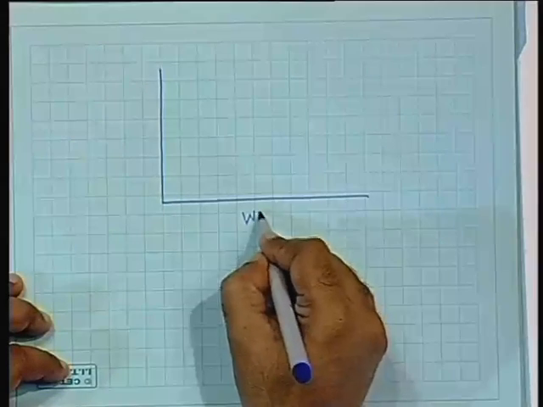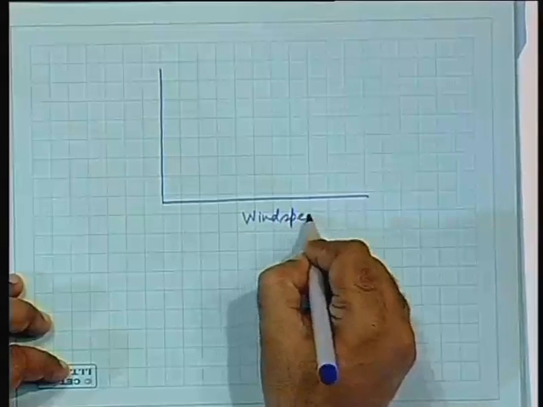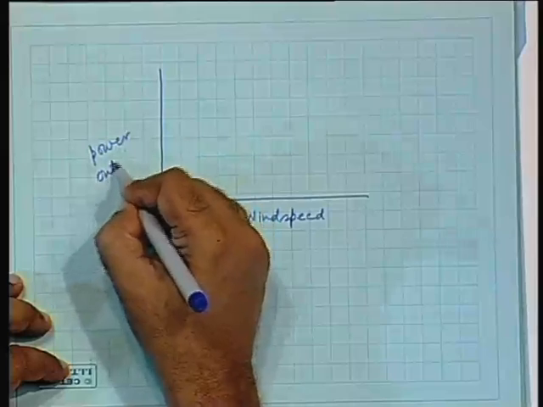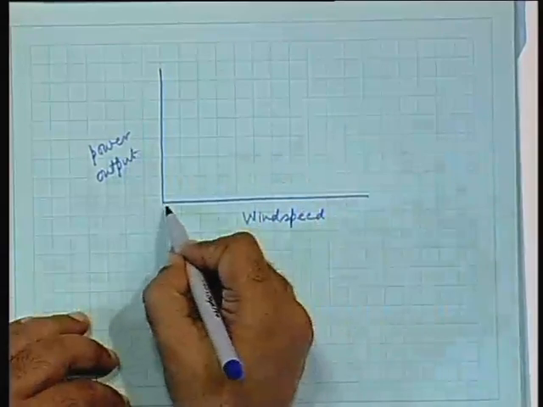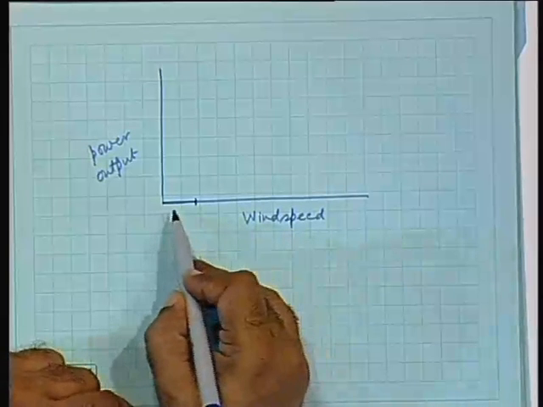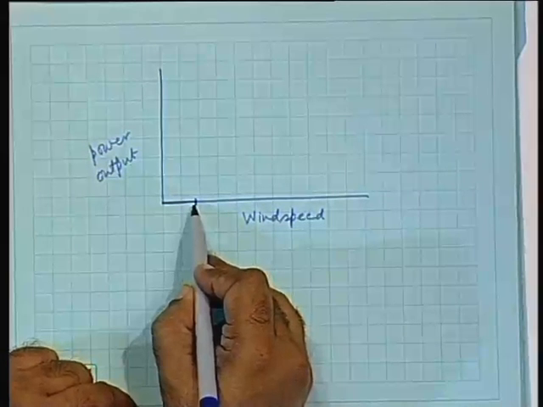One, suppose the wind is starting to blow at a certain point of time. Obviously, it cannot start below a certain wind speed. So, if you draw the power output versus wind speed characteristics, then it will start only beyond a certain wind speed.